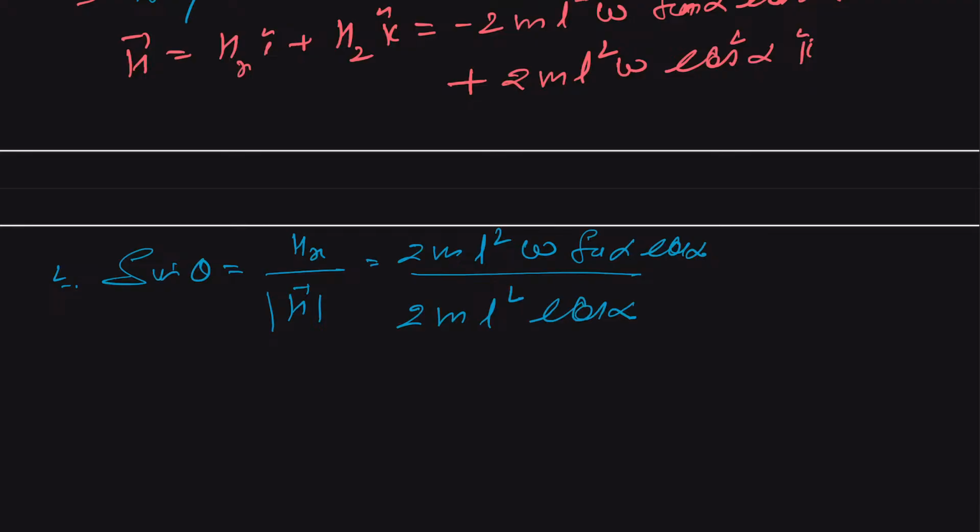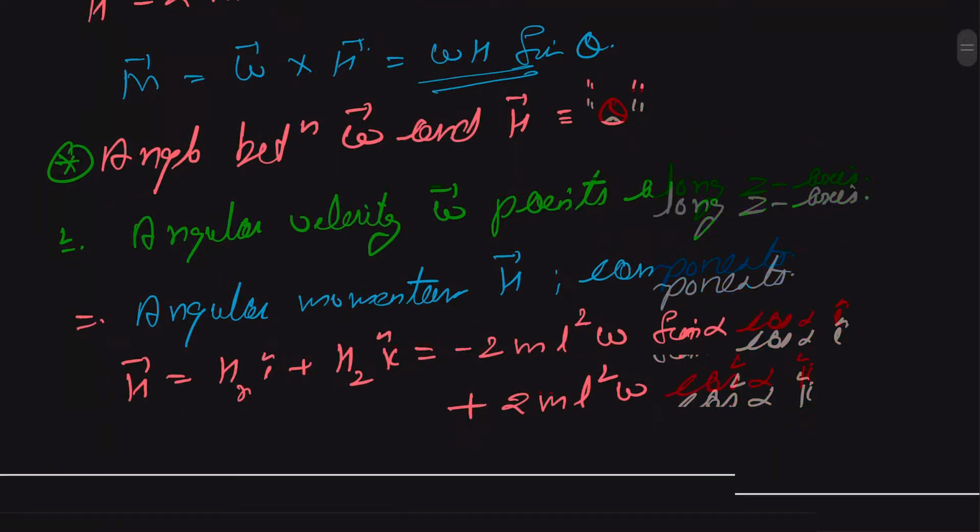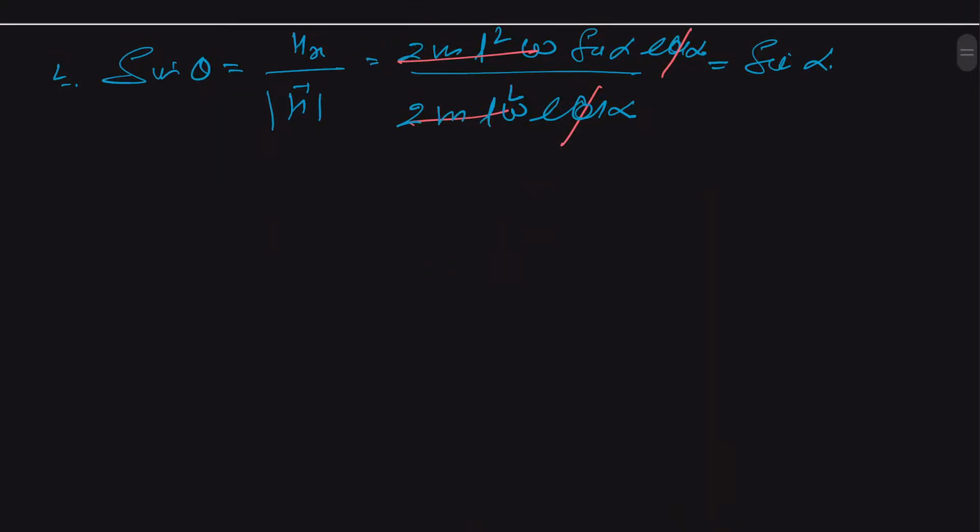Here one thing is missing, that is our omega. So this comes equal to our sine of alpha. Okay. And we substitute in the magnitude part.